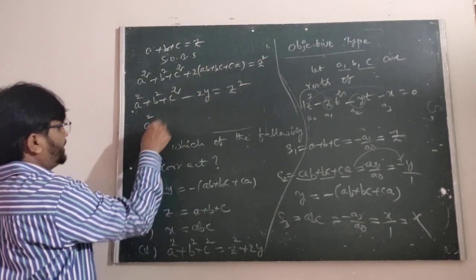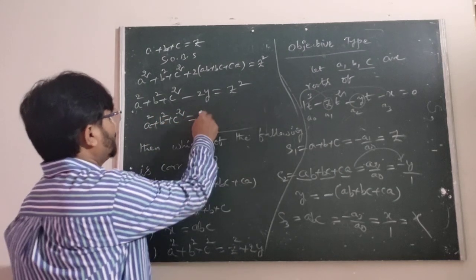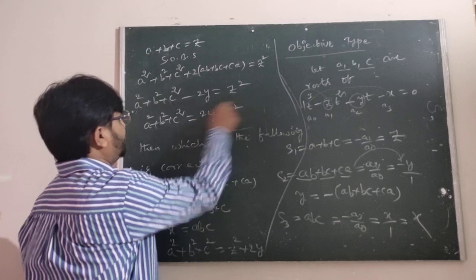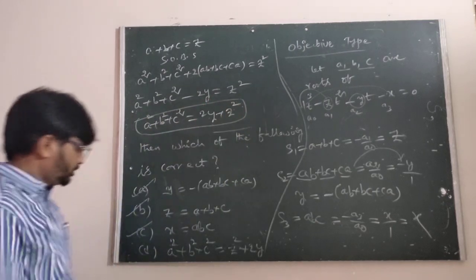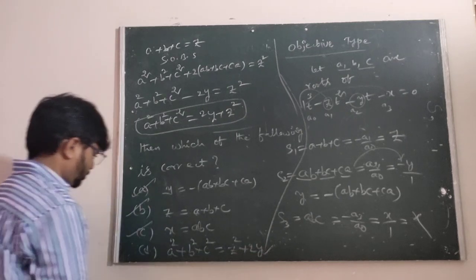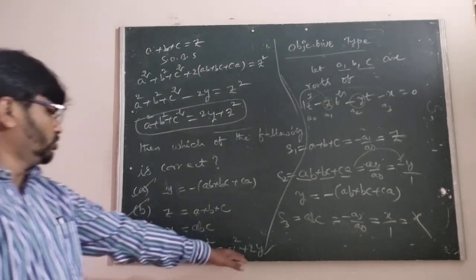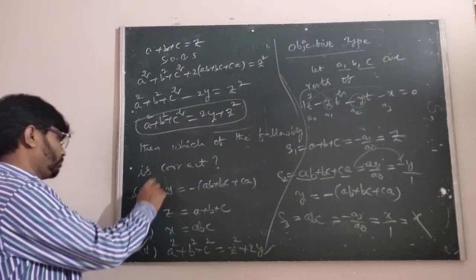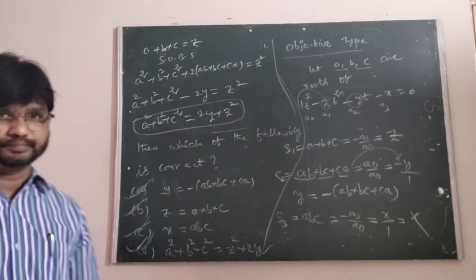Now this can be written as A square plus B square plus C square equal to 2y plus Z square. So here we observe option A, option B and option D are the correct options.